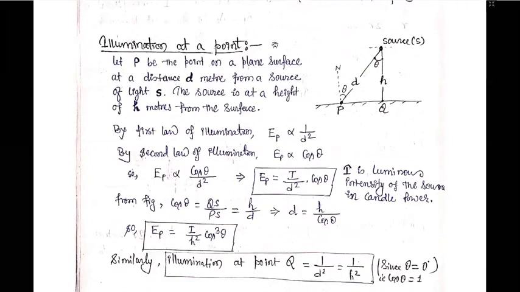So illumination at a point, how we will calculate illumination at a particular point. अगर ये लाइट सोर्स है, ठीक है, और ये हमारा सरफेस है, सरफेस पे दो पॉइंट को कंसिडर किया गया है, पॉइंट P एंड पॉइंट Q। पॉइंट Q जो कि इस लाइट सोर्स के बिल्कुल नीचे है, परपेंडिकुलर, एंड पॉइंट P which is at an angle of theta, ठीक है? ये नॉर्मल टू द सरफेस हो गया, ये जो डॉटेड लाइन है दिस इज नॉर्मल टू द सरफेस एंड द फ्लक्स लाइन इज दिस, सो देयर इज एन एंगल थीटा, ठीक है?